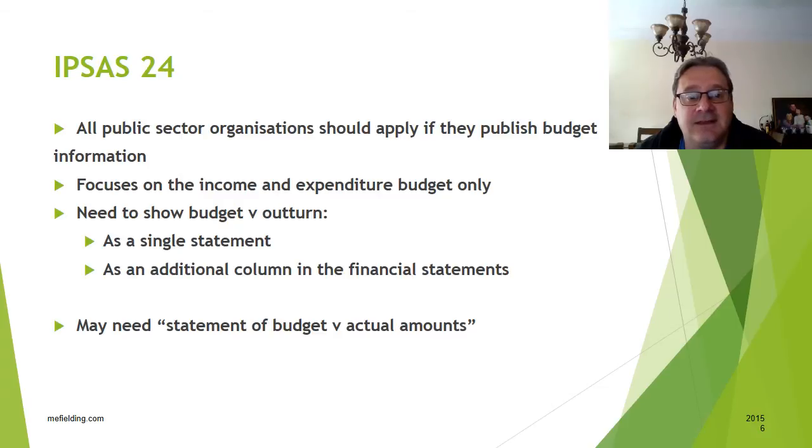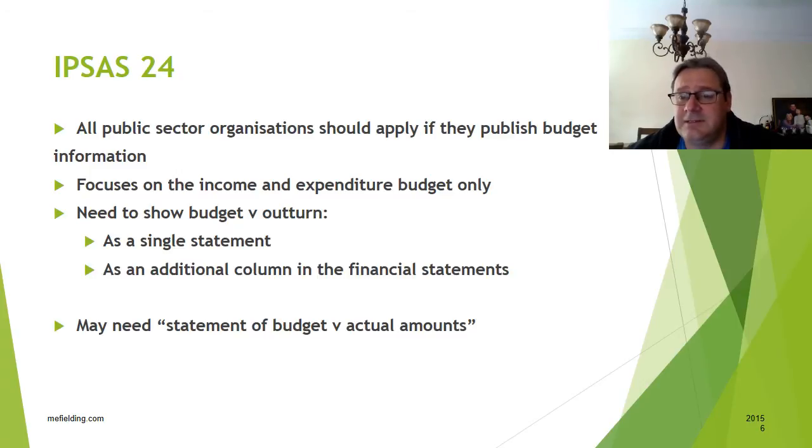So it focuses on the income and expenditure budget only. Thank God, others are trying to explain why your liabilities are less or more than they should be. There's a need to show your budget versus your outturn, so you're showing your budget versus your result, and notice therefore that it's shown as a single statement. Most governments might produce the budget as a single statement, but even in countries I see with 10 million people, it's going to come to 50 or 60 pages.